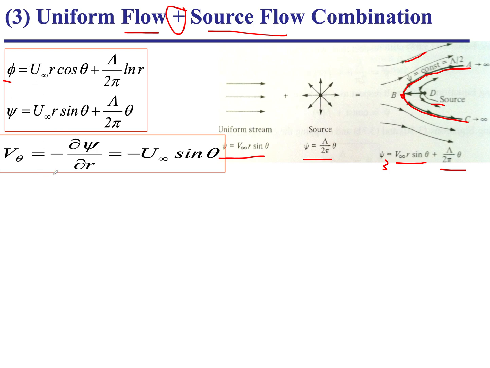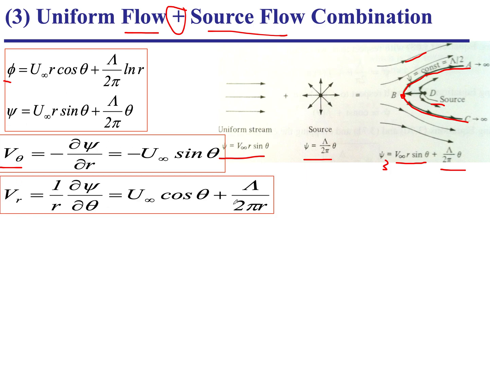We can get the tangential velocity from deriving the stream function, and we can get the radial velocity, as you can see here. And our goal now is to find the stagnation streamline.